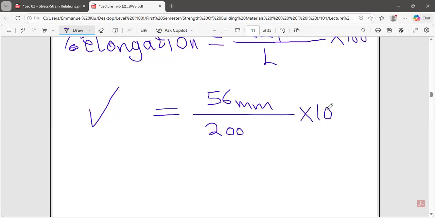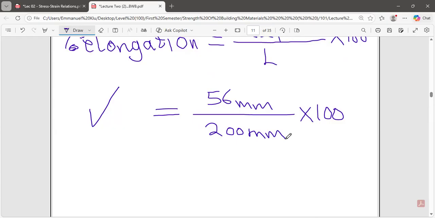Let's all do this together and see the answer we are going to get. This is also in millimeters. Okay, that is 56 over 200 times 100.